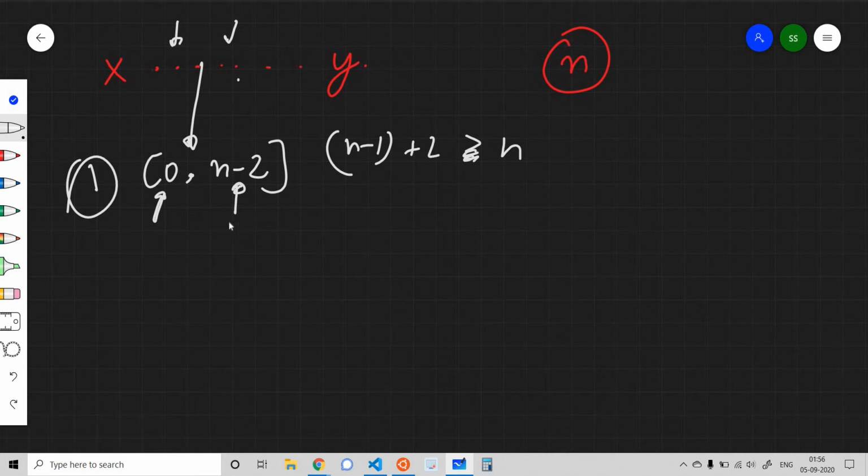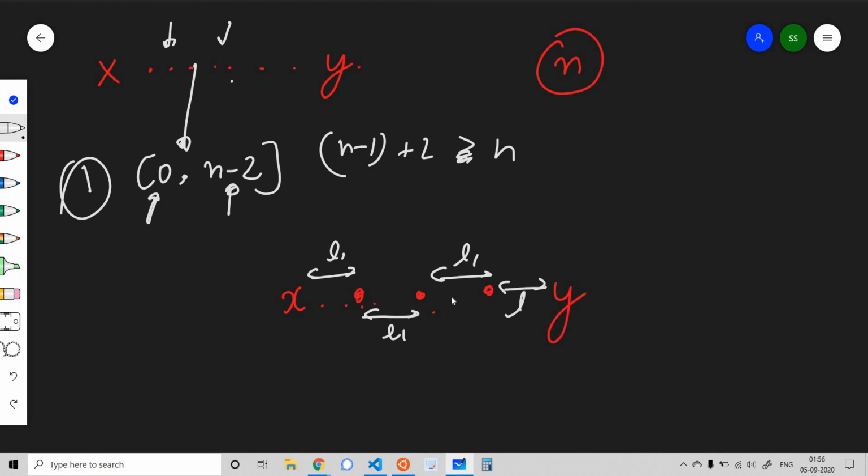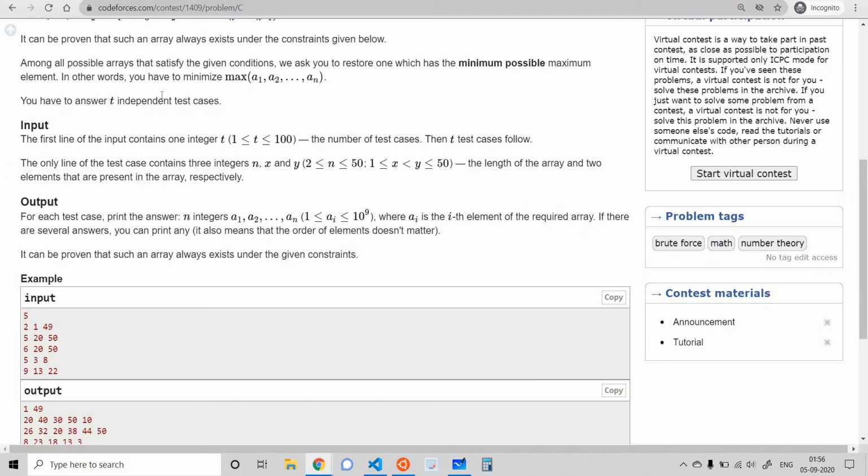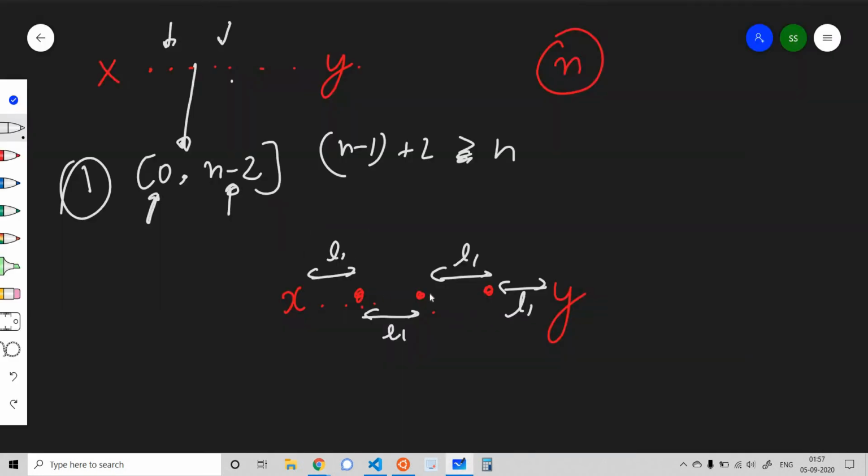And the second thing here is, suppose we have x and y and we are placing three elements in between, and let's say the difference between the first two is L1, then this would also be L1, this as well, and this as well, because the question says that if you sort the array in increasing order, the difference between all adjacent consecutive elements would be equal.